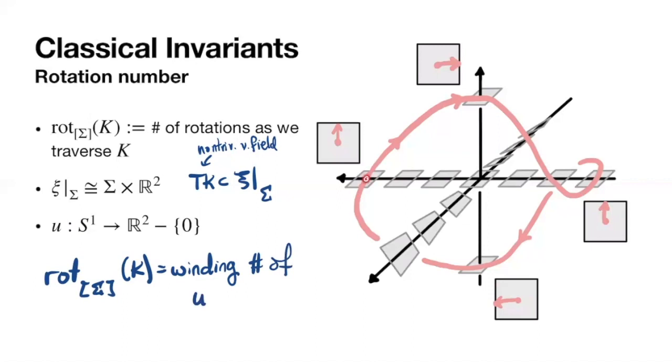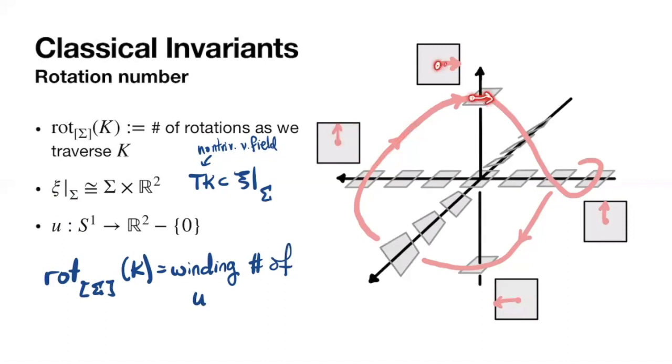Let's say I start here. This is my tangent vector, and I really just want to understand how many rotations I do as I go around the knot. So I start here, and as I move along the knot here, this vector starts to move in this direction.